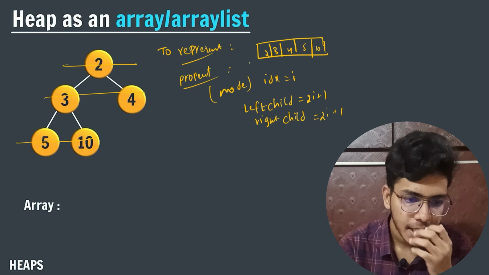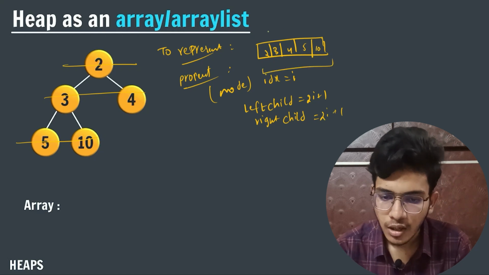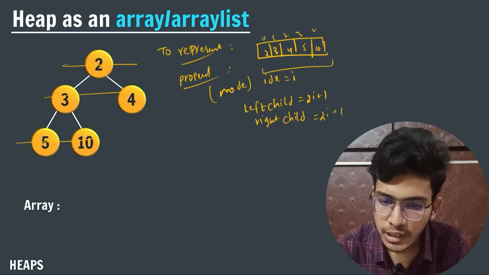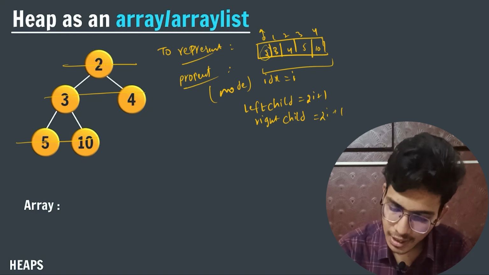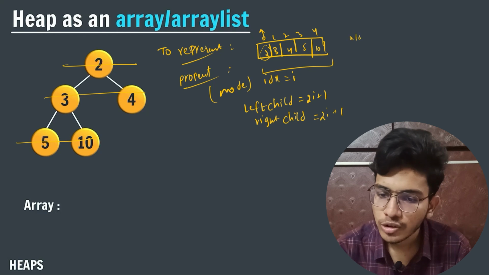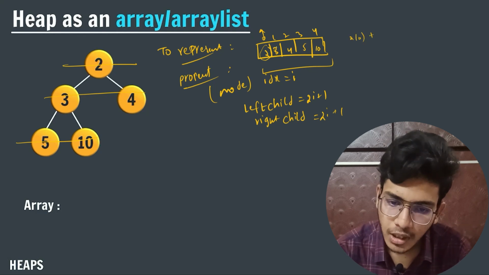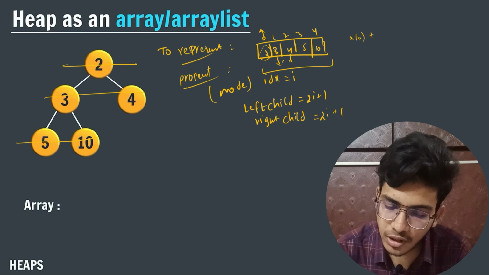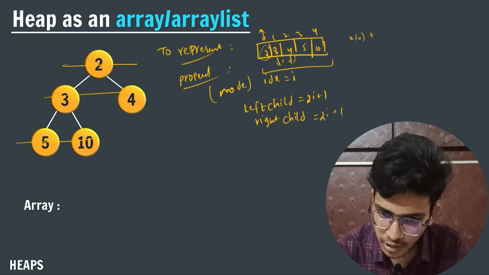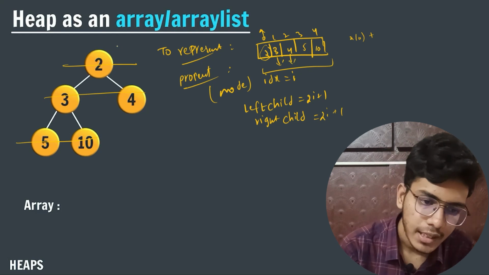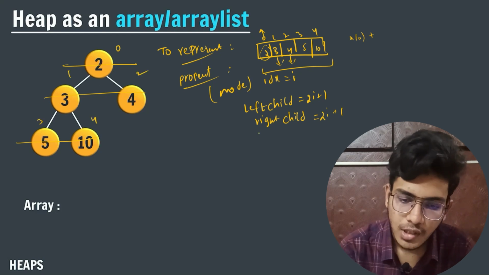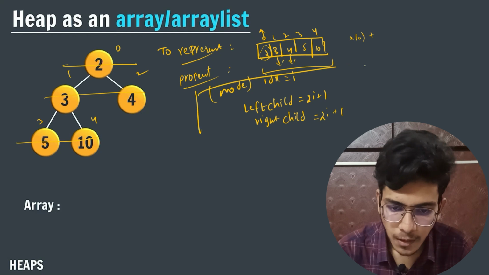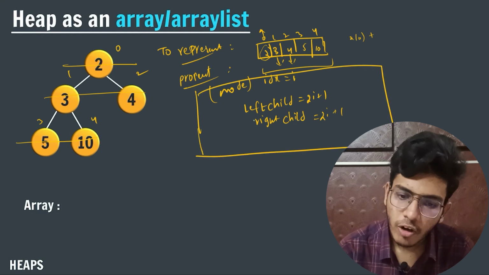It means that, let's say here the indexes are 0, 1, 2, 3, 4, right? So for this particular node, if this is a node, then its left child will be at 2 into 0 plus 1. It means that I will get my left child here, after that the right child here. So here you can see 0, 1, 2, 3, 4, and by this property I will perform many operations.